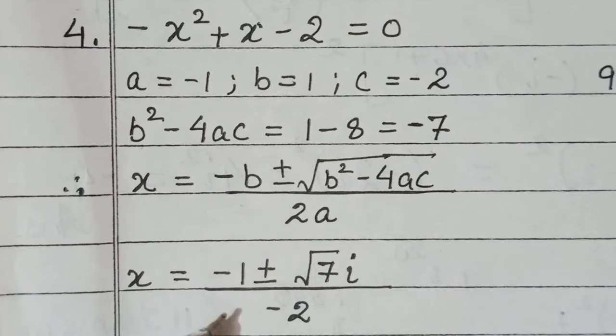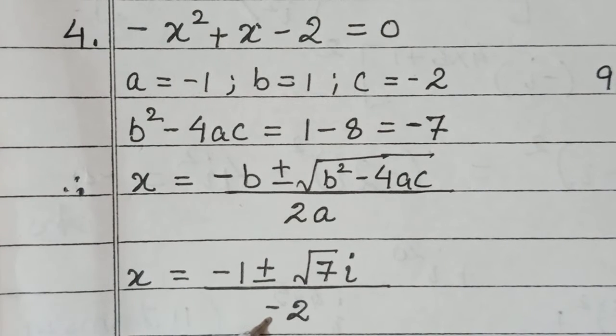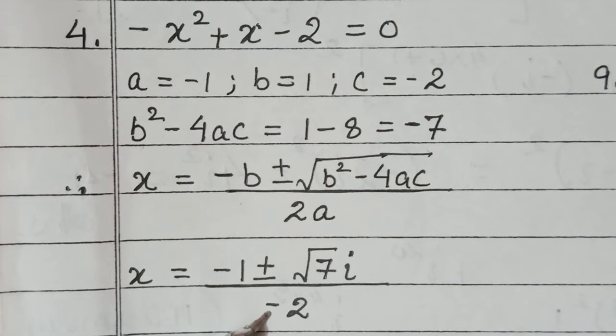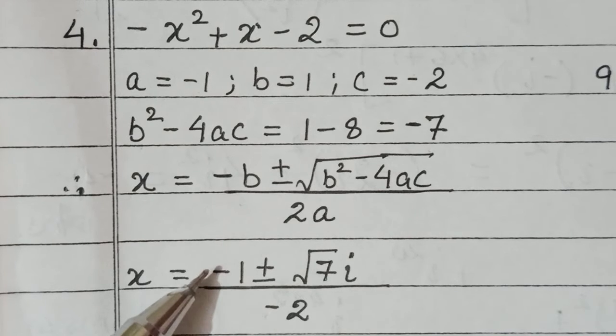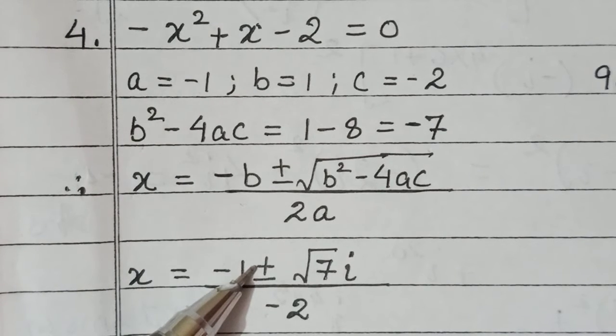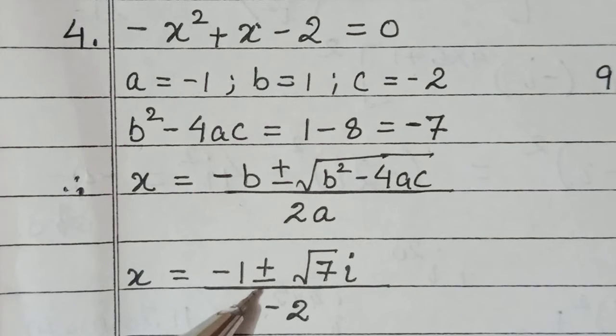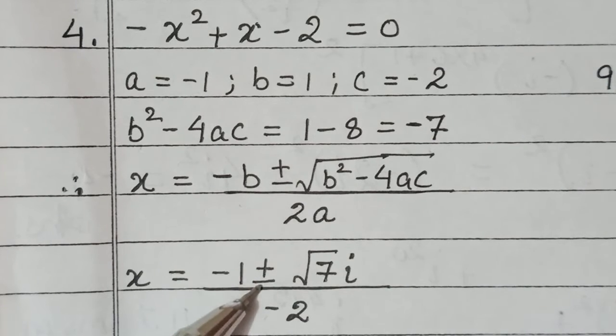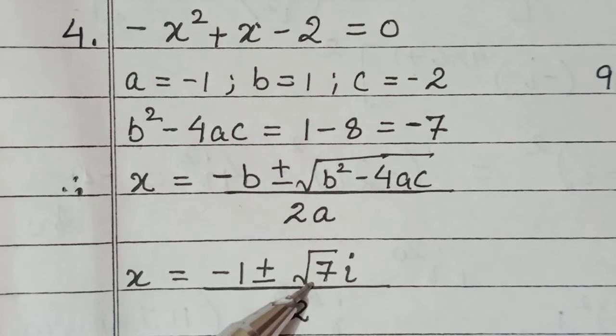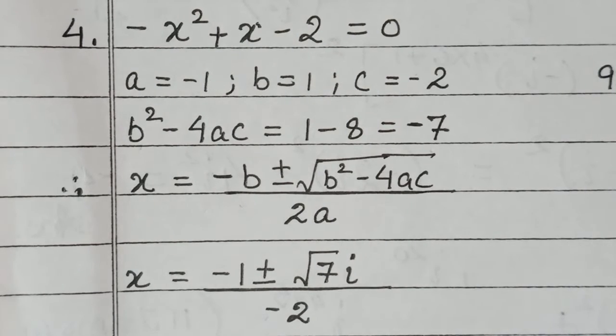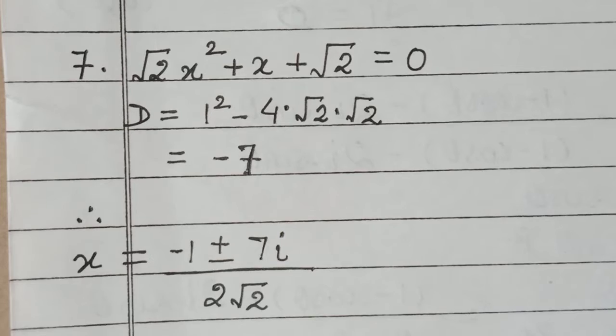If you want, you can adjust this negative sign in the numerator. We usually do not leave a negative sign in the denominator. So you can give the solution as 1, minus minus cancels, and the signs can be altered. Minus plus comes to the same: once negative, once positive, so both signs have to be there.